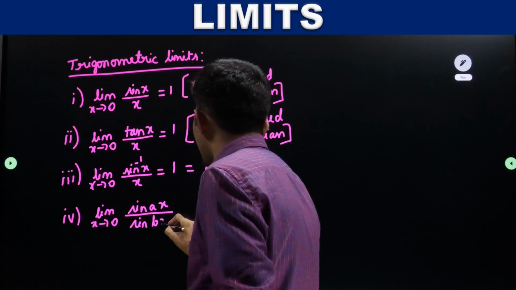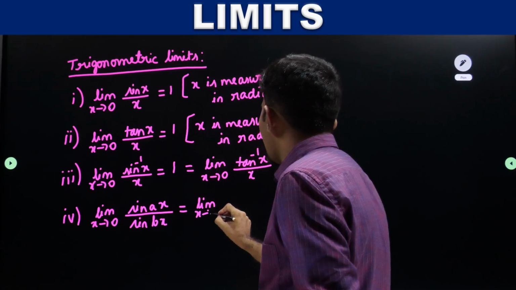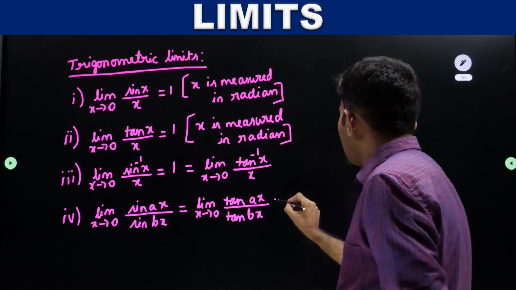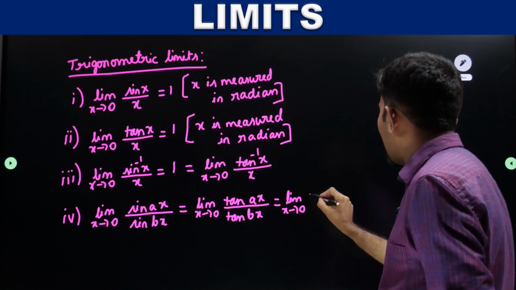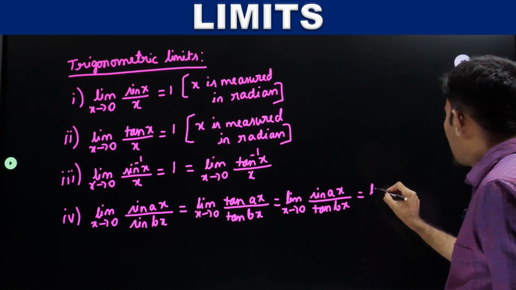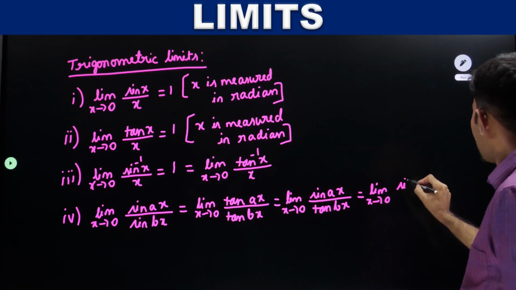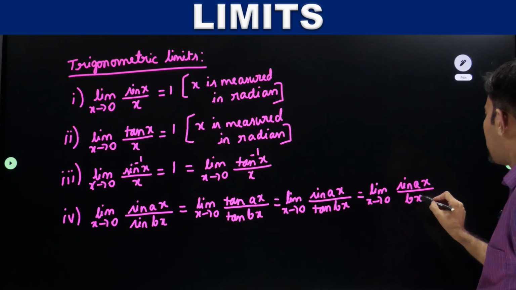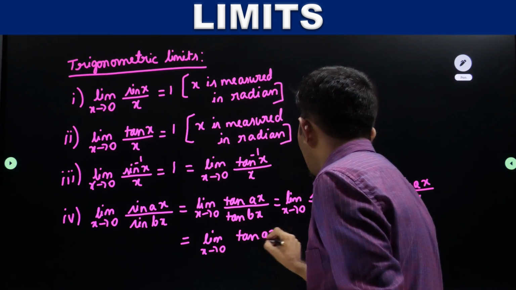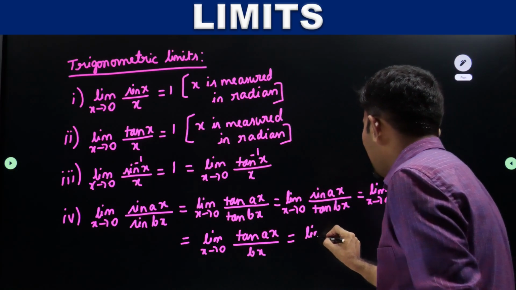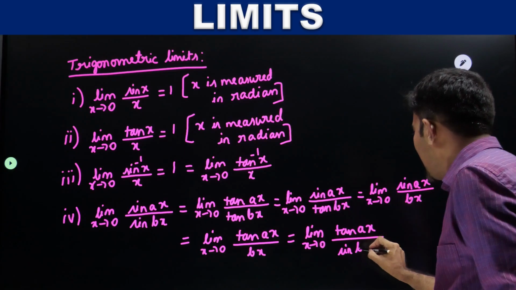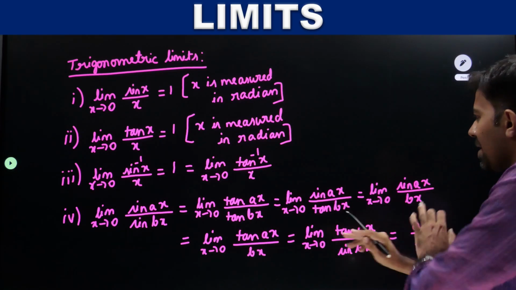Sin ax by sin bx, same as limit x tends to 0, tan ax by tan bx, same as limit x tends to 0, sin ax by tan bx, equal to limit x tends to 0, sin ax by bx, also equal to limit x tends to 0, tan ax by bx, or also equal to limit x tends to 0, tan ax by sin bx. All of them are equal to a by b.